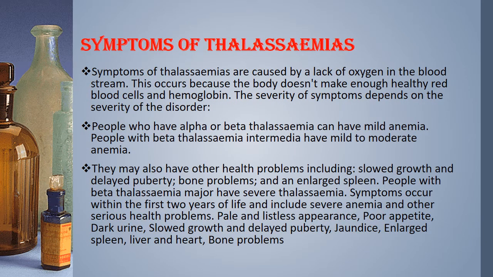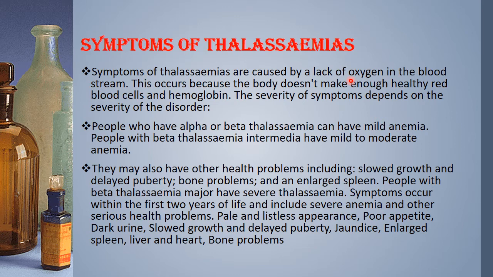What are the symptoms of thalassemia? The symptoms of thalassemia mostly occur due to lack of adequate amount of oxygen in the blood. This may occur because the body does not have enough healthy red blood cells and hemoglobin. So mostly people who have alpha or beta thalassemia can have a mild anemia.